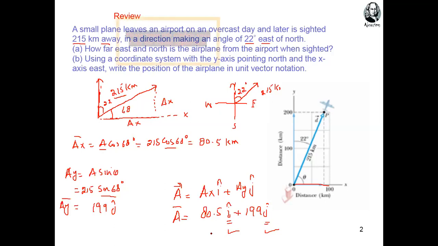Excuse me, sir. Yes. Since we are having x and y, what's the need for j and i? No, if we have i and j, then we don't write x and y.